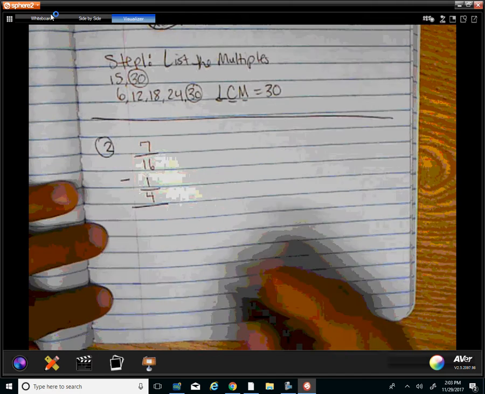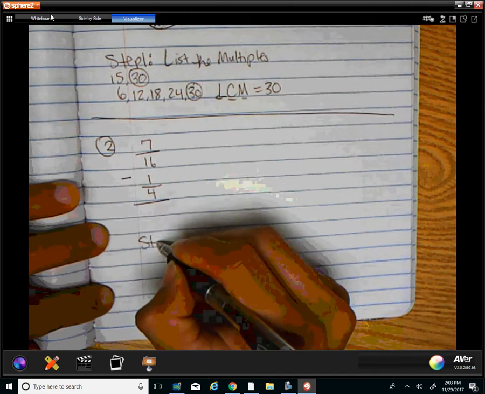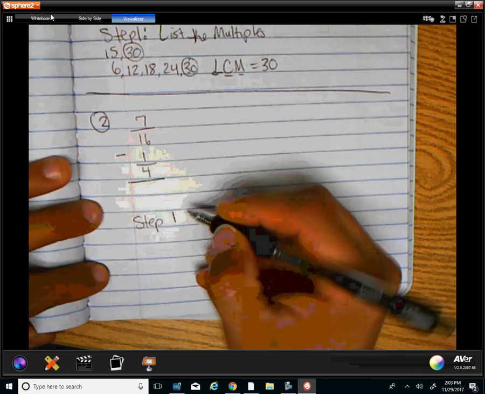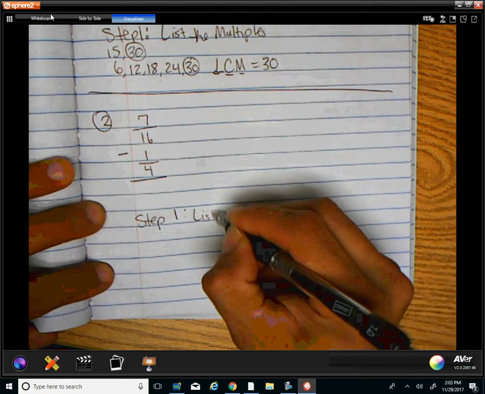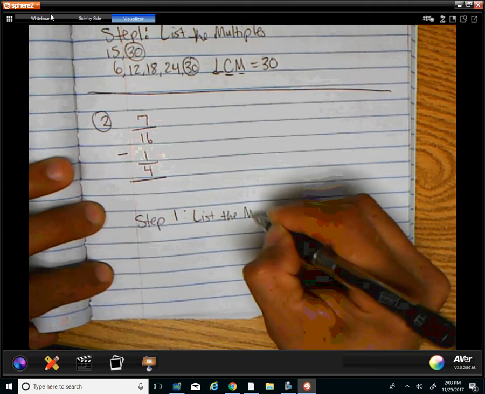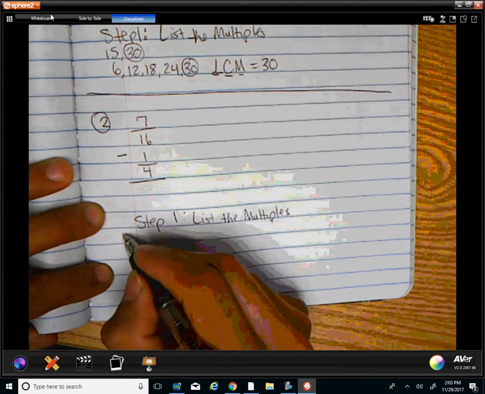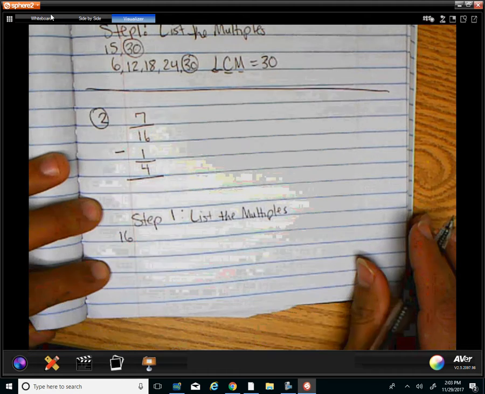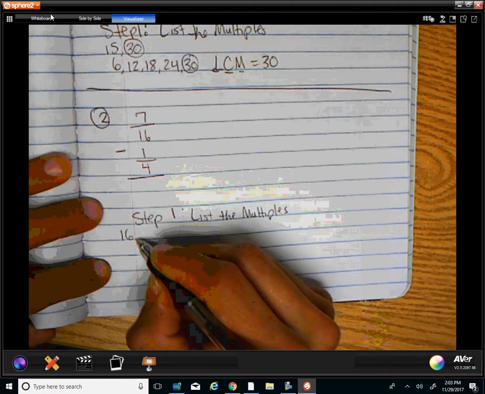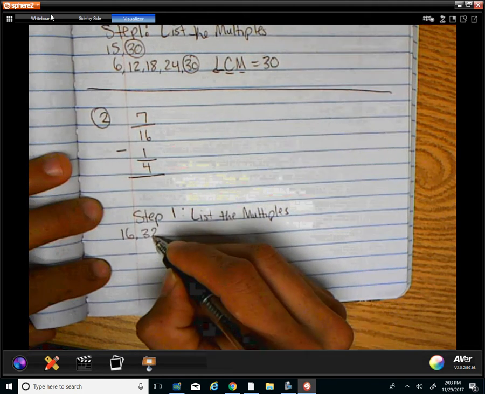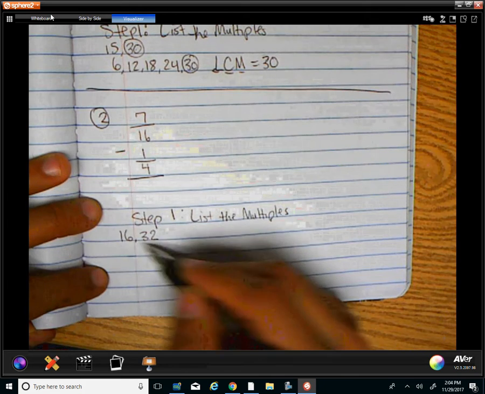Okay, so step 1, we're going to list the multiples. Our denominator is 16. 16 times 2 is 32. All right, I think that's enough multiples.